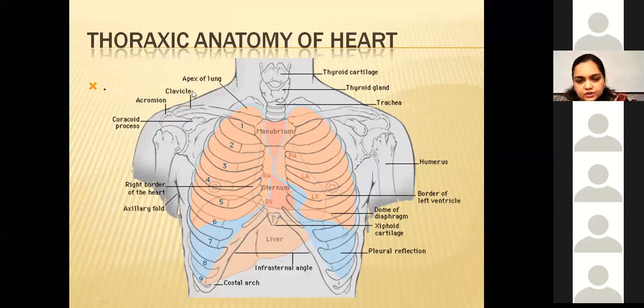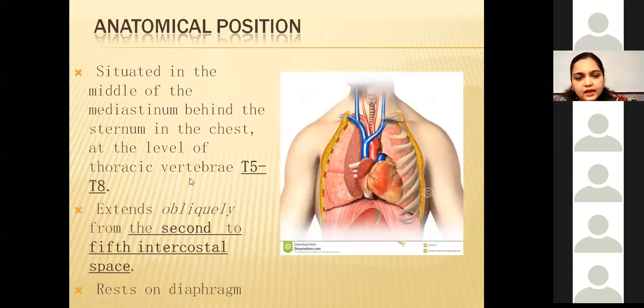This is the location of the heart, how it occupies the whole rib cage or the thoracic cavity, and the base of the heart lies on the diaphragm, the central tendon of the diaphragm.